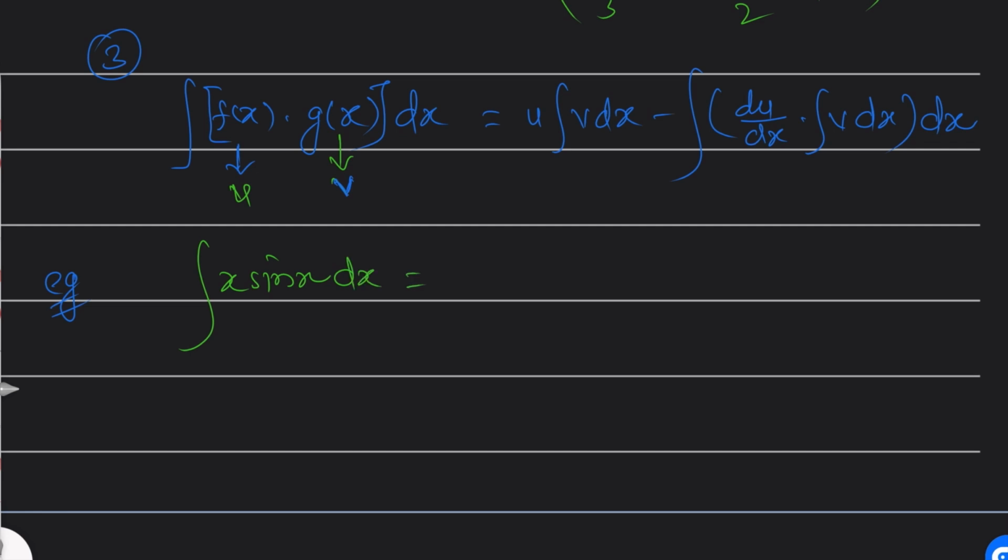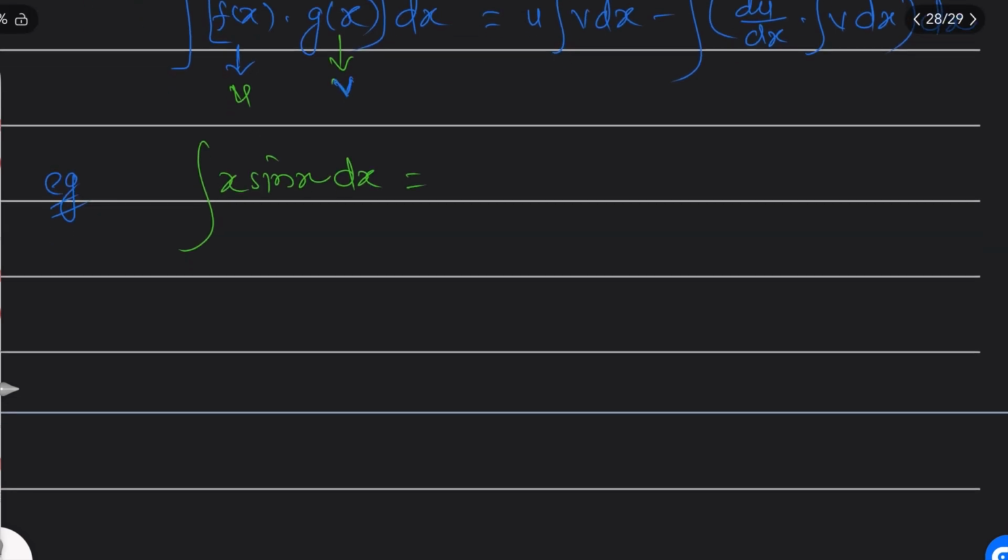Sir, what can you do? First, what I told, make u and v. How to consider them? I am giving a rule for your better understanding: L, I, A, T, E. Whichever function comes first will be u, and this side is always u and this side is always v.